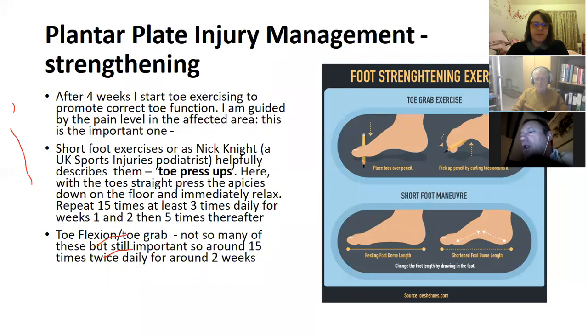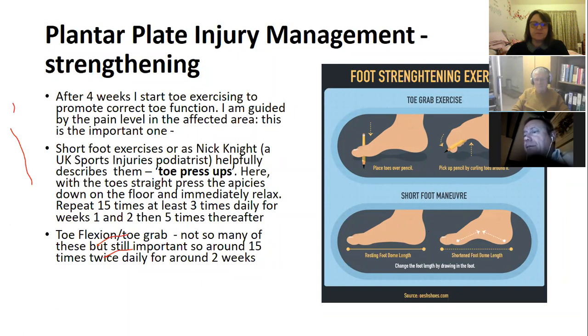That collagen has started to become less attenuated, or that tear started to repair itself. It doesn't always, but where there is some relocation of that toe, where there's hope for that toe, then it'll hopefully start to repair. And after 4 weeks, I start to promote toe function.